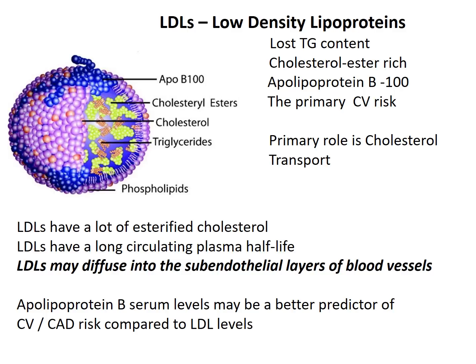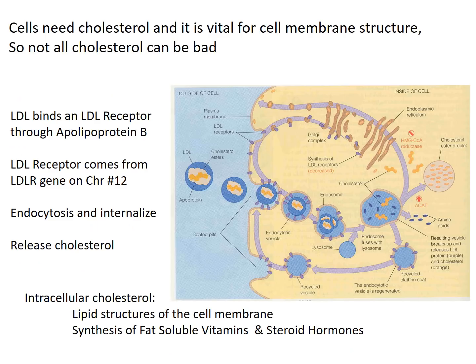Some lipid panels now are not only looking at LDL numbers, but they're also looking at the apoprotein B serum levels. So you may see some of the actual proteins being assessed or quantitated in those lipid screens as well.